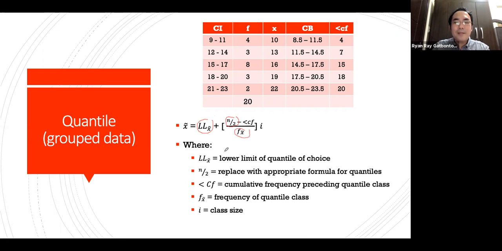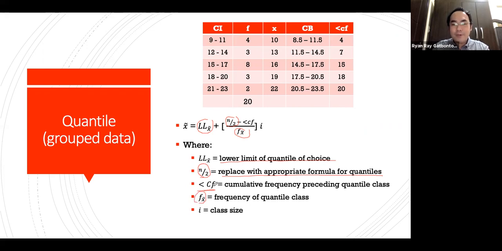All right. So replace the lower limit of the median class with the lower limit of your quantile of choice, and replace your n over 2 with the appropriate formula for the quantile that you want to find out, and also your cumulative frequency and your frequency of your quantile class.